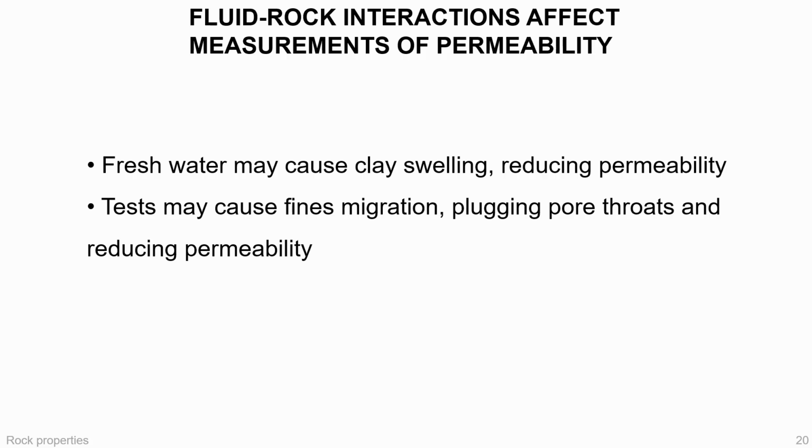To minimize formation damage, laboratories often use brines or oils formulated to preserve rock integrity and reduce clay-related effects. Students should understand that rock is reactive, and the injected fluid can alter the rock microstructure during the measurement process itself.